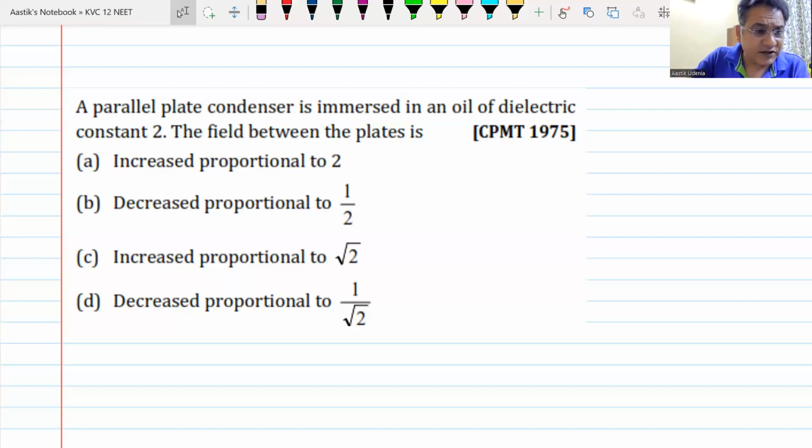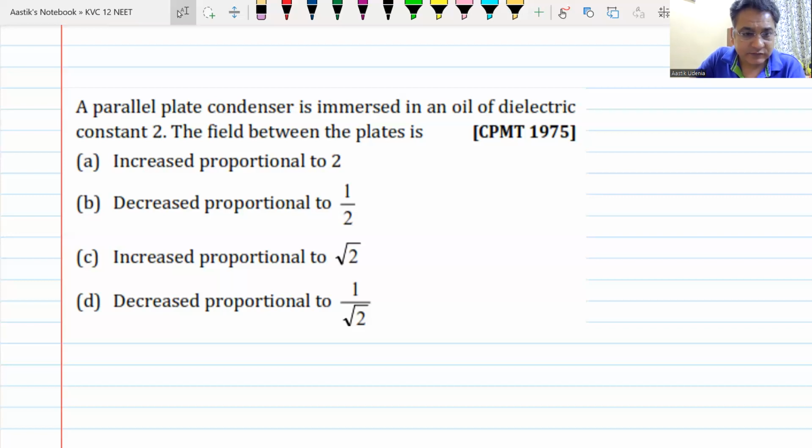Here nothing is mentioned, so what will we assume? What is connected or what is not connected? Which case is this? Case number 1 or case number 2?